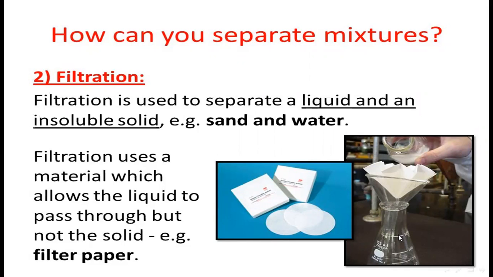The solid that remains on the filter paper is called residue, and the liquid that passes through the filter paper is called filtrate. I hope you understand. This is the image of filter paper.